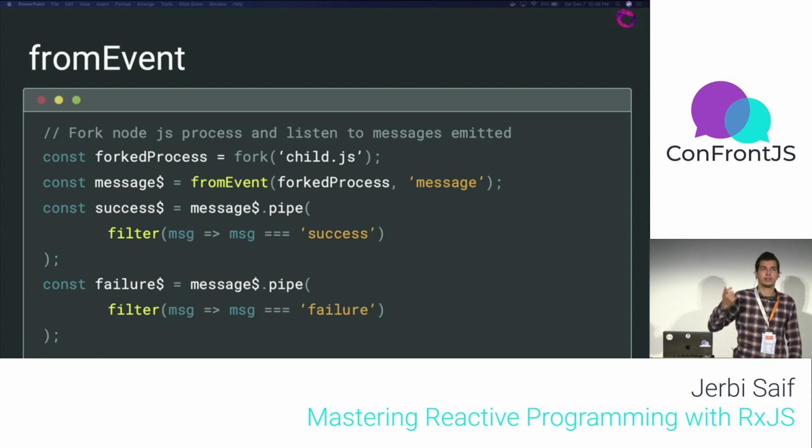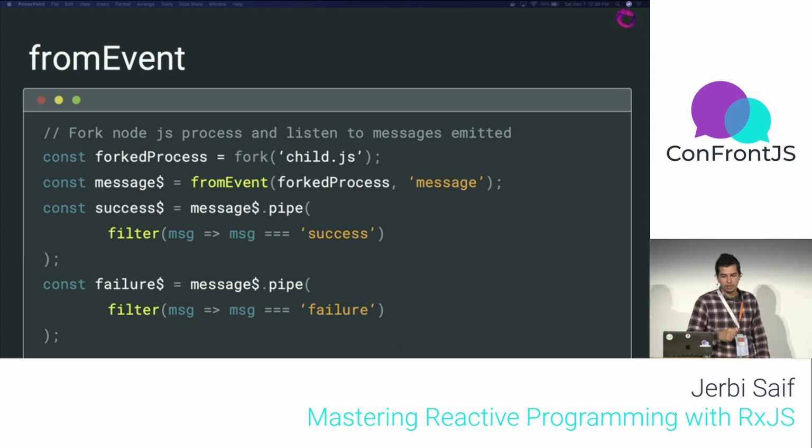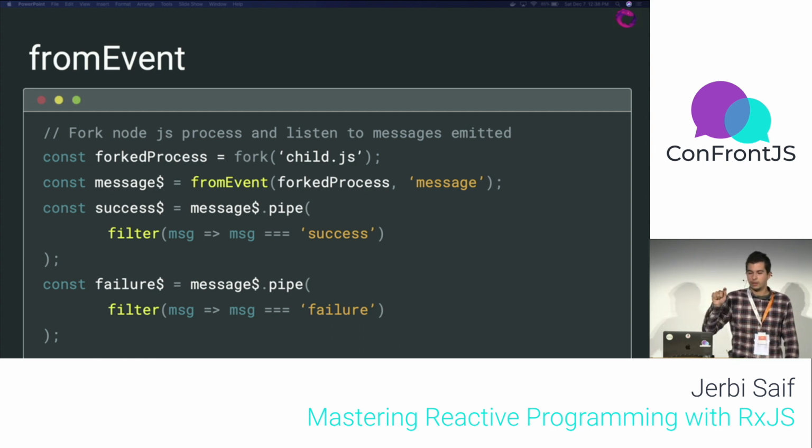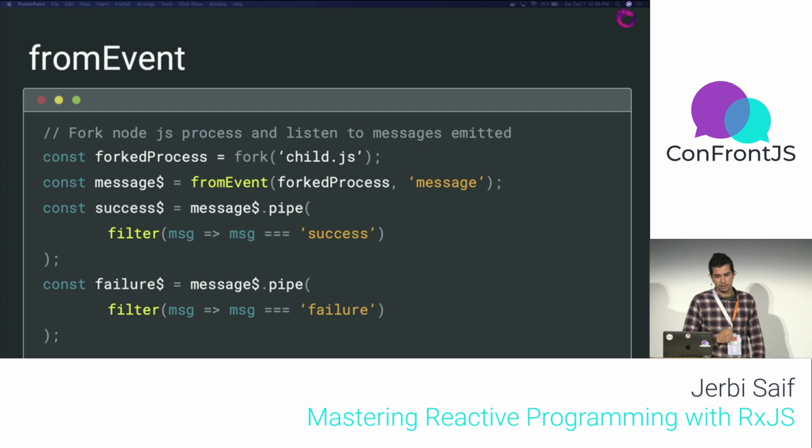on my events as observables. So here I'm creating an observable called message, and my source will be the forked process, and I will handle the message event. Every time my forked process pushes an event, it will be handled on my observable.